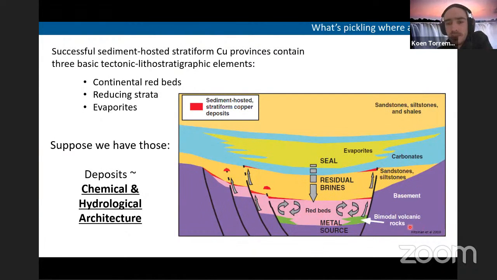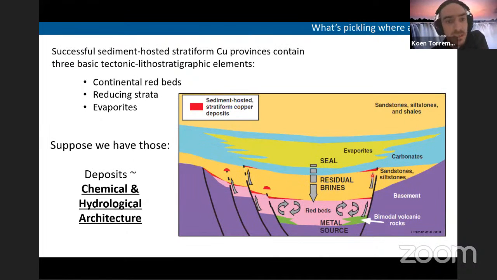I'm going to focus on the Copperbelt as well, but these processes are presumably applicable to many other sediment-hosted copper provinces. This generalized figure from Murray Hitzman's paper in 2010 shows a situation that is applicable to the Copperbelt: a syn-rift sequence with locally very thick red beds, kilometers of them, and then lateral fringes with pinch outs in a continental rift, with on top of that a sag phase of sedimentation, basically infilling most of this architecture.